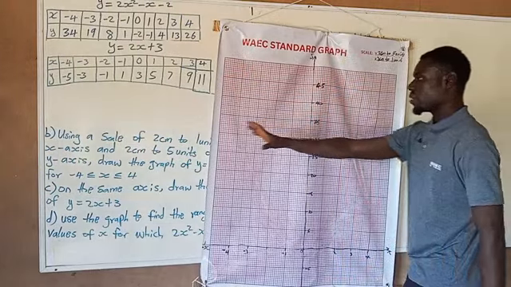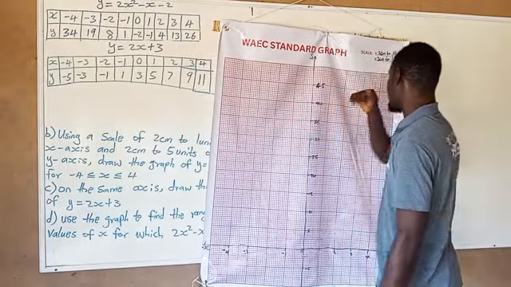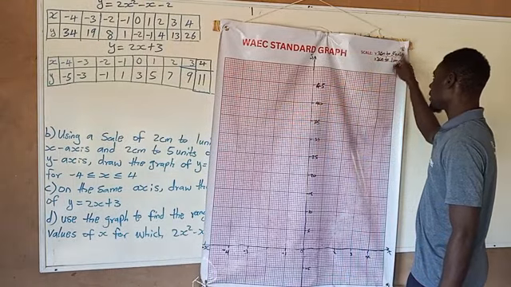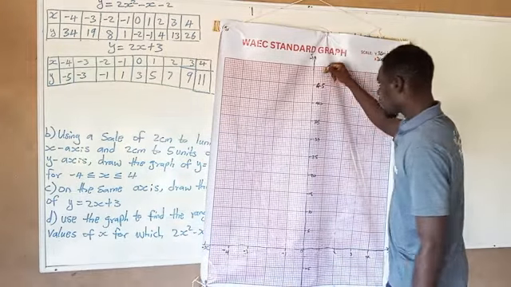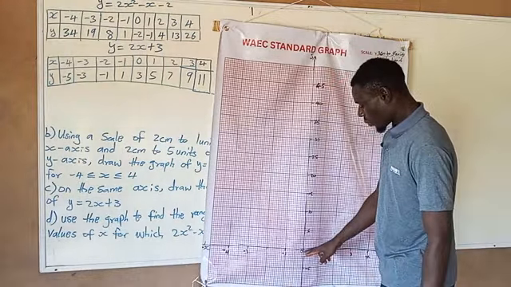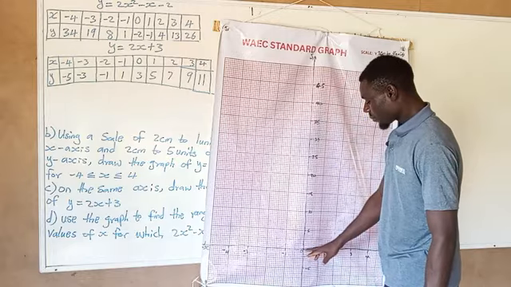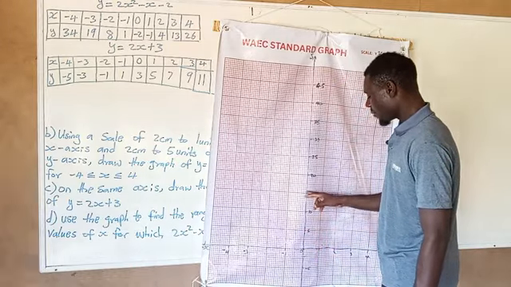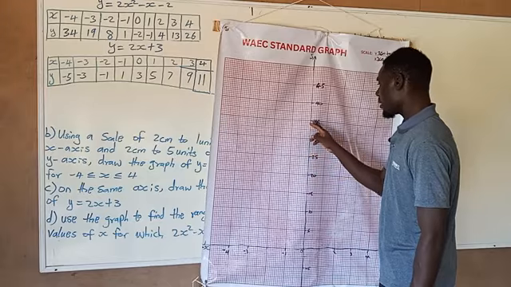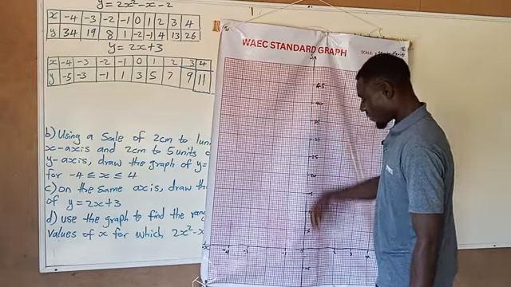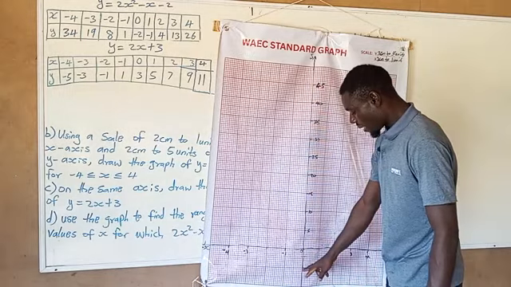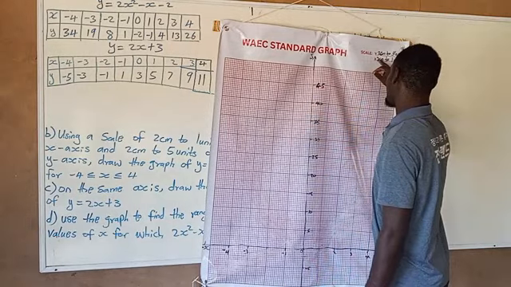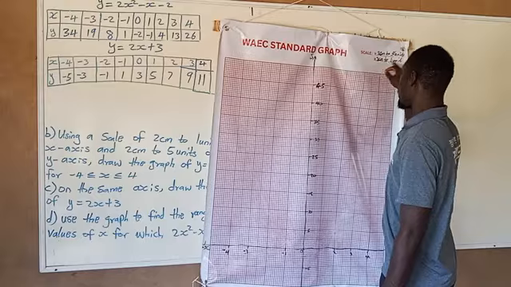So we are solving the B now. We are using a scale of 2 centimeter to 5 units on the y-axis. That is why I started with what? From this origin, this is 0, this is 5, 10, 15, 20, 25, 30, 35, 40, 45. The downside is minus 5. For the x-axis is 2 centimeter to 1 unit.